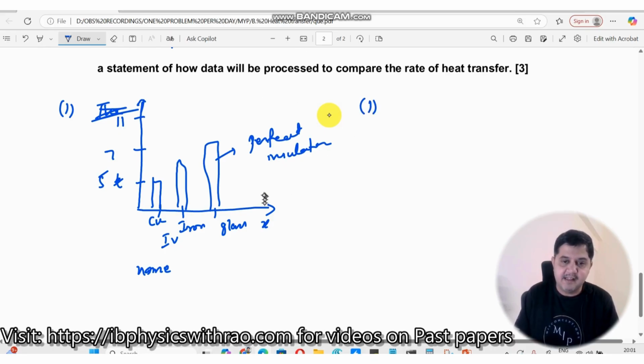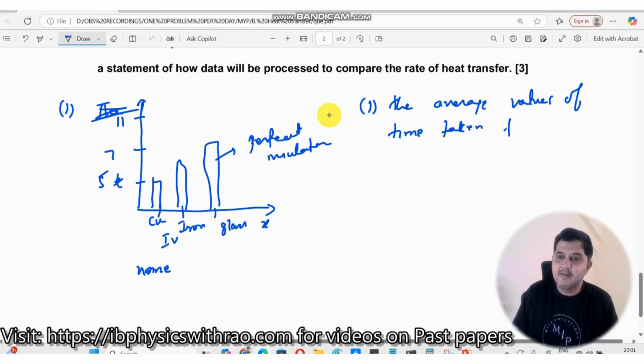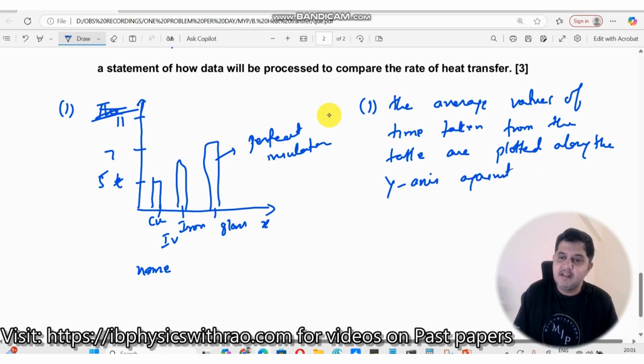Okay. The first one I can say the average values of time taken from the table are plotted along the y-axis against the type of rod plotted along the x-axis.